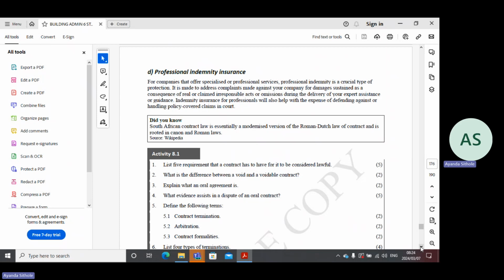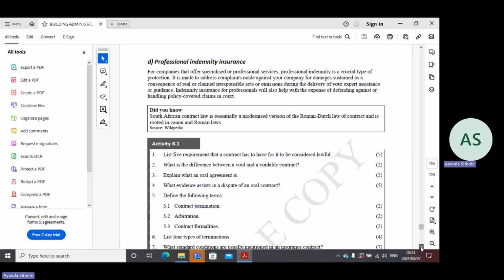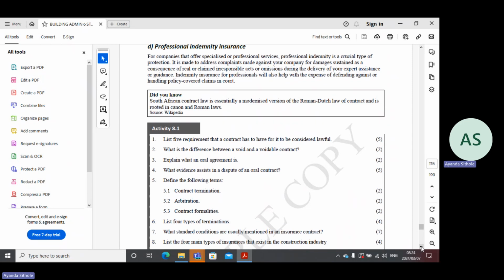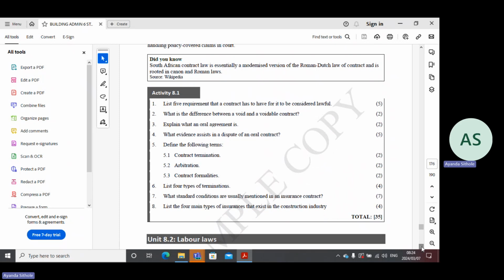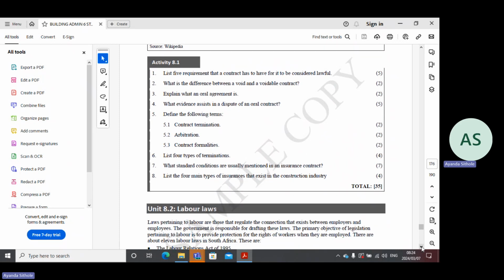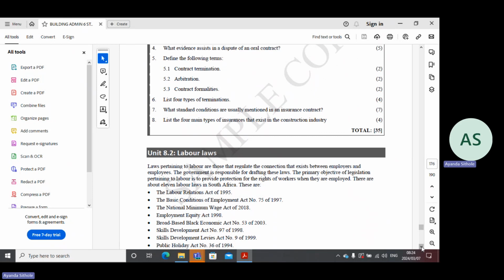It is made to address complaints made against your company for damages sustained as a consequence of real or claimed irresponsible acts or omissions during the delivery of your expert assistance or guidance. Okay, so that is professional indemnity insurance. There's an activity there. It helps you understand the modules better.